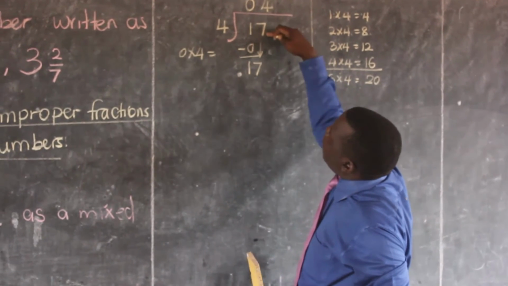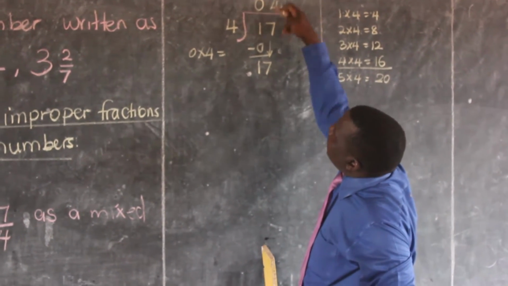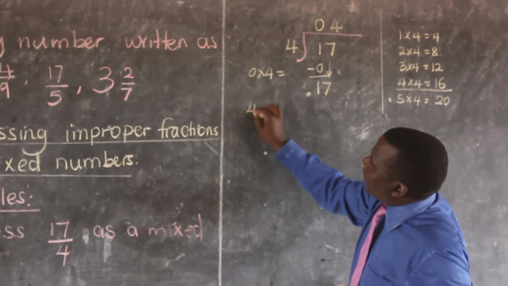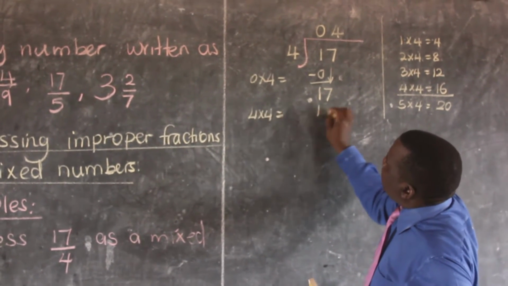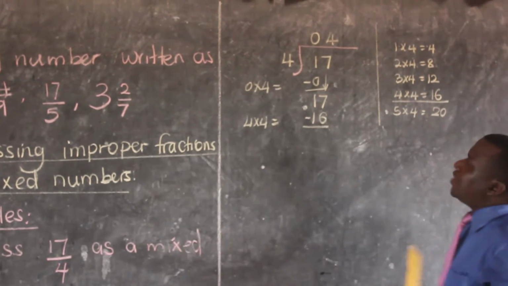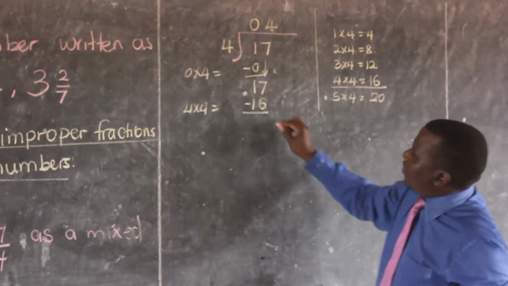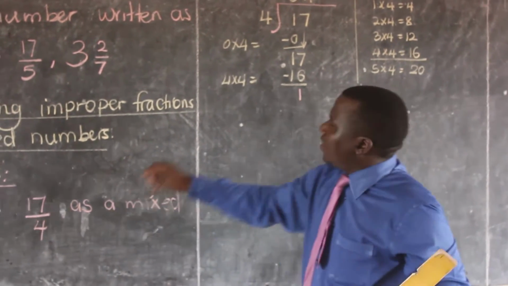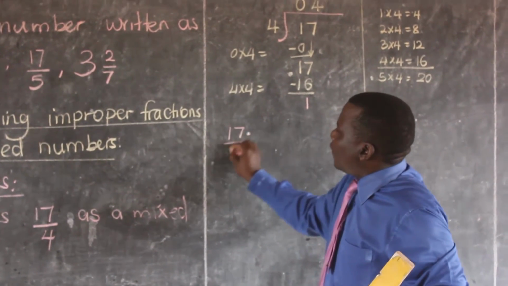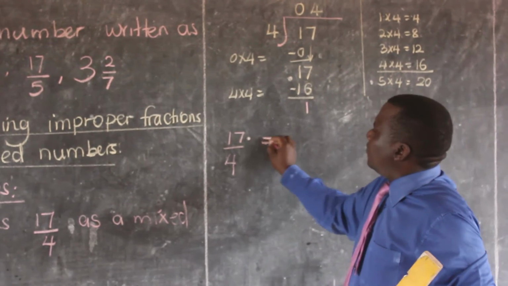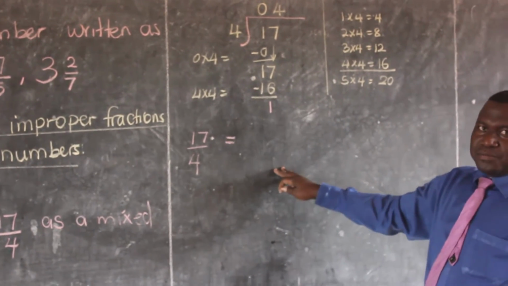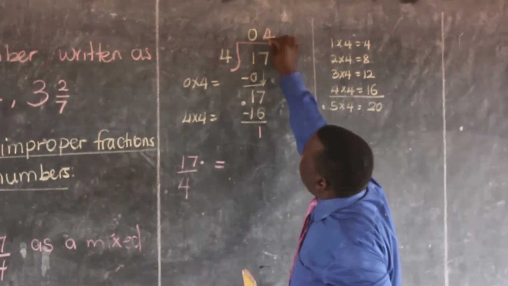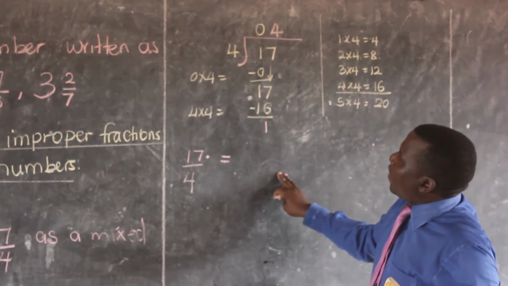Make sure you write that 4 on top of 7 and multiply that 4 by 4. And this gives you 16. When you subtract 17 minus 16, you remain with 1. Now how do you now write 17 out of 4 as a mixed number? So this 4, the answer you got up here, becomes now the whole number.